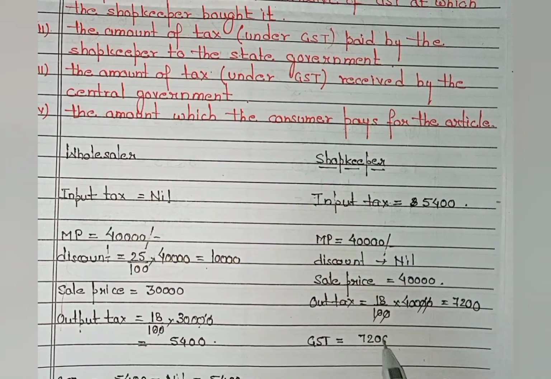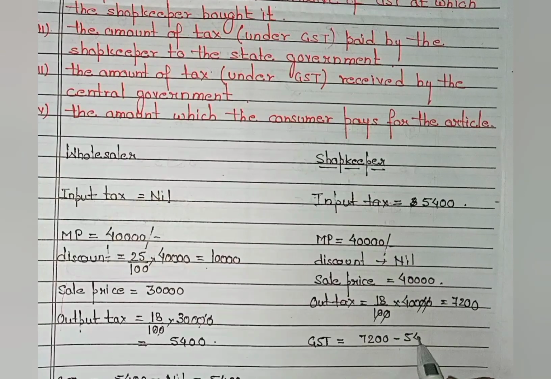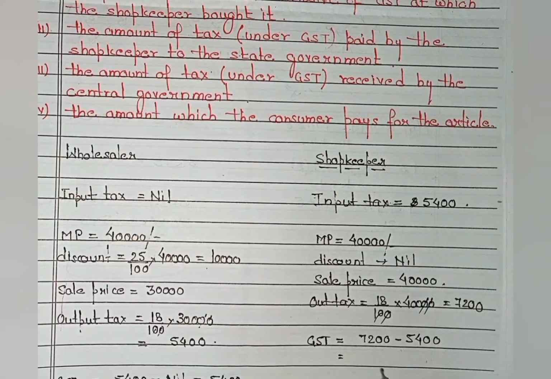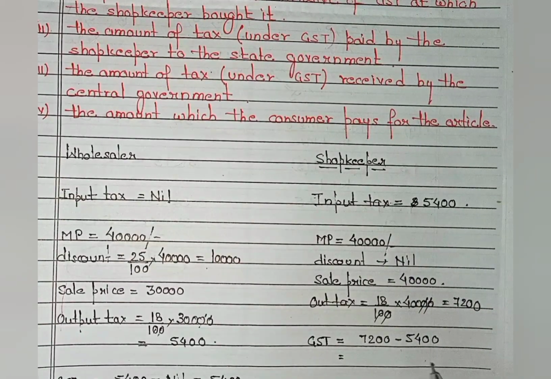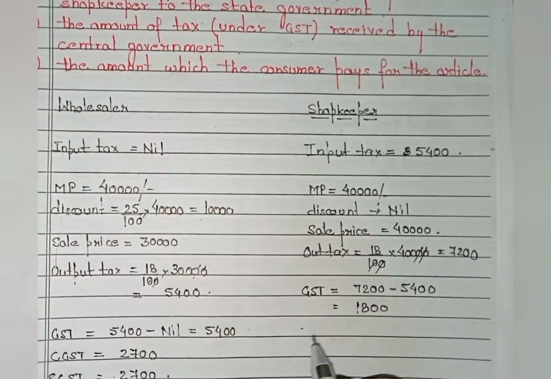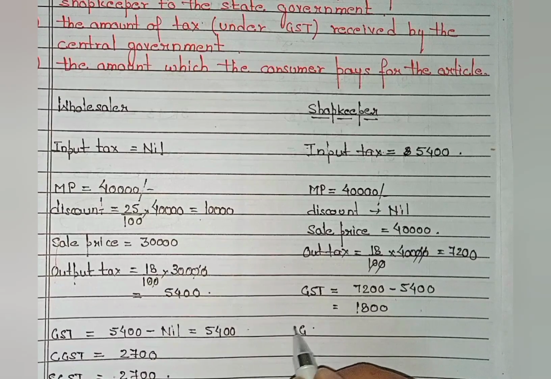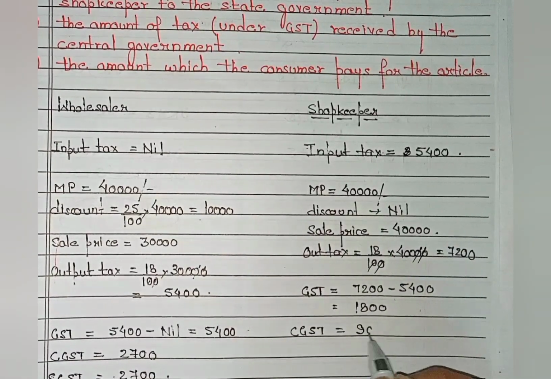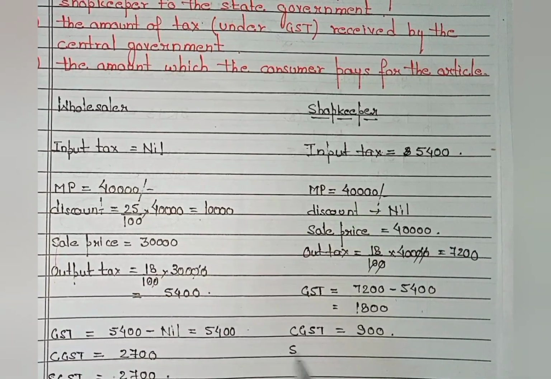Now the difference of these two will give us the GST for the shopkeeper. Output minus input. So that will make it 1800. So that will be the GST for the shopkeeper. Now half of this GST goes to the central government. So half of this will be 900 and half goes to the state government.